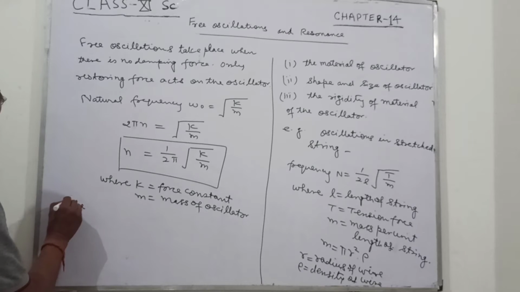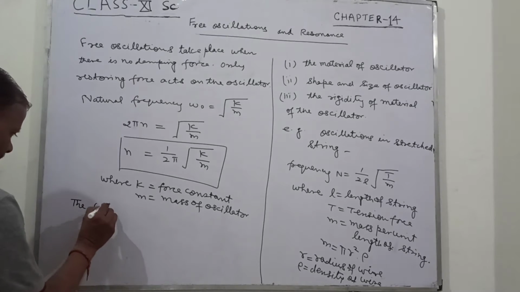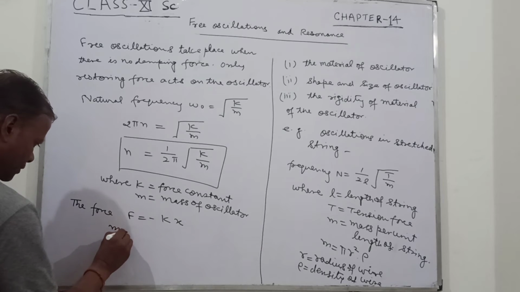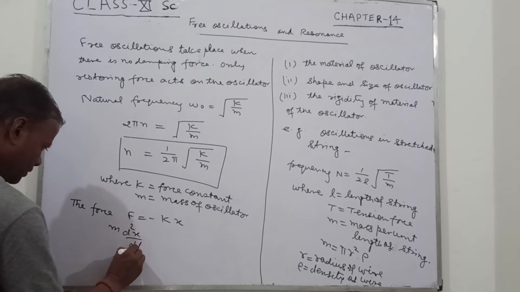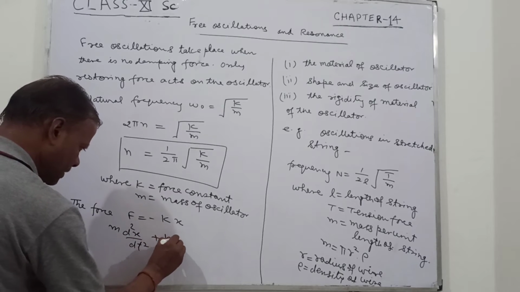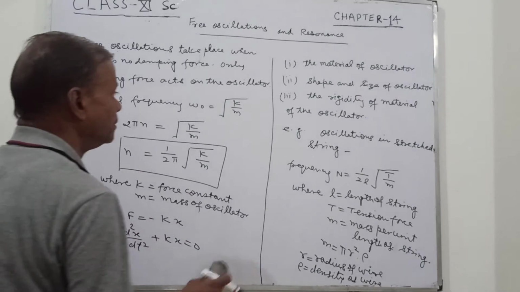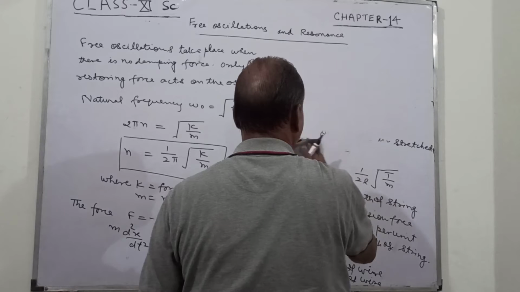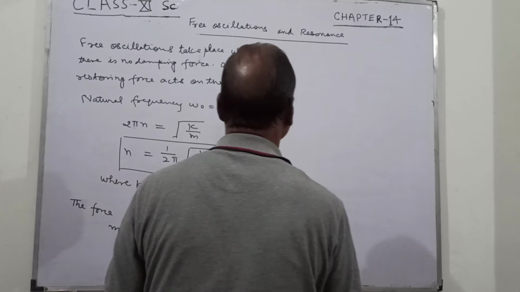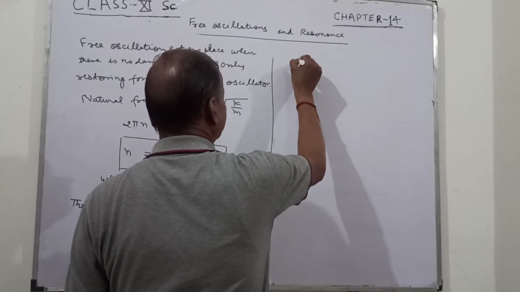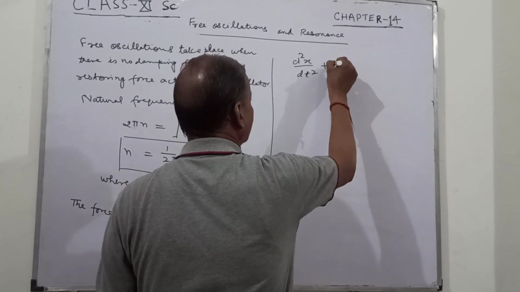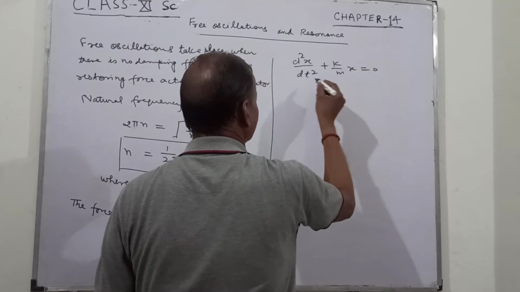The force F equal to minus kx. This is m d2x upon dt square plus kx equal to 0. And this d2x upon dt square plus k upon m into x equal to 0.